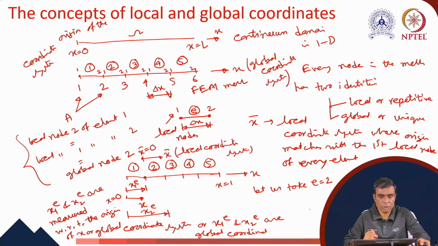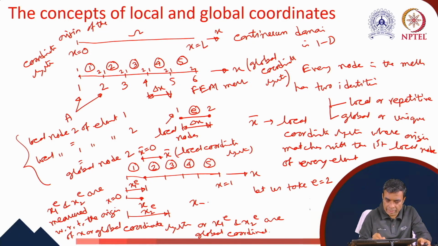So x bar equals to 0 matches with the x1e coordinate of the global coordinate system. So we can see that the difference between x and x bar is x1e. If we look into this picture, the linear distance between the global coordinate system and the local coordinate system, considering element 2, is the distance x1e.